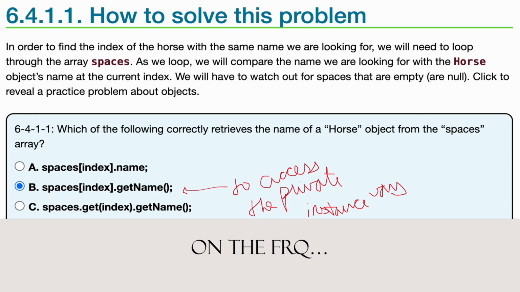You have to use getter methods to access those private variables. This is a mistake that I did, and I thought to share it with you guys, because if I did it, then other people are likely to do it as well, so something to keep in mind.